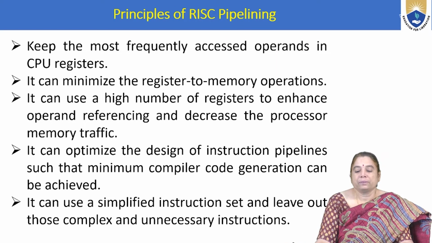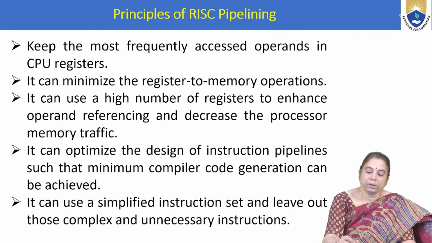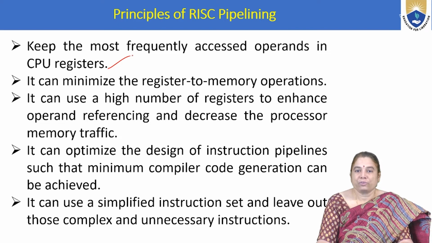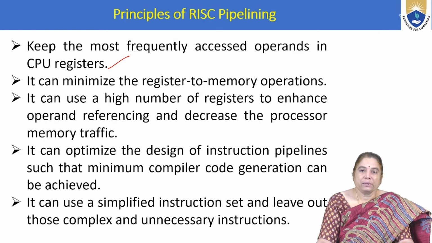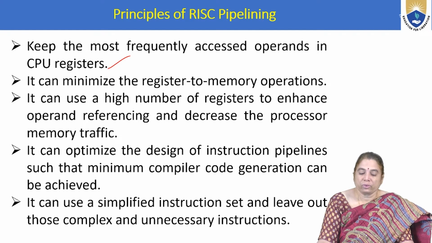What are the principles of RISC pipelining in order to support single cycle instruction? Keep the most frequently accessed operands in the CPU registers. So cache has to be maintained so that the most frequently used data items for processing can be stored in the processor registers. The next principle is to minimize the register to memory operations, so the data is readily available in the CPU registers.